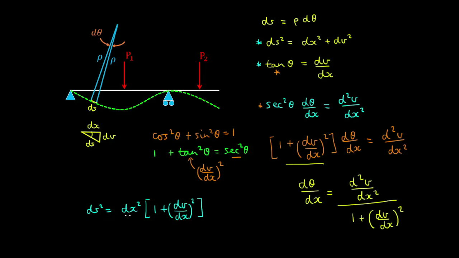And then you can divide through by dx squared and take the square root of both sides, and therefore we obtain ds/dx is equal to 1 plus (dv/dx) squared, to the 1/2. And for this equation, we can divide through by dx, and we get ds/dx is rho d theta/dx.